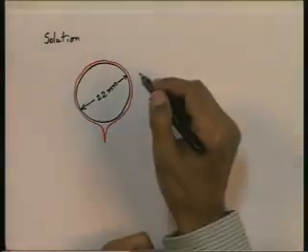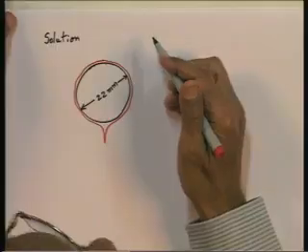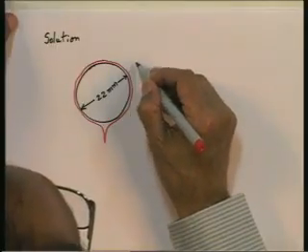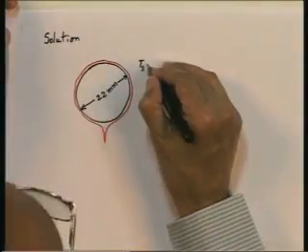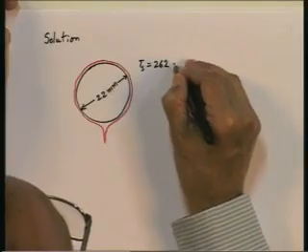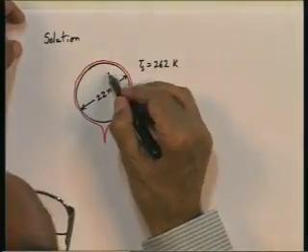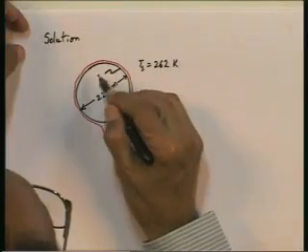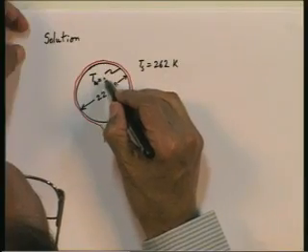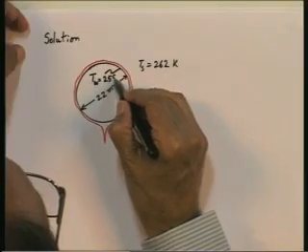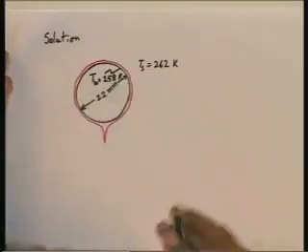Now, it is a pure saturated vapor, at a saturation temperature T s equal to 262 K. This is R22 vapor, and you are told that T w, the wall temperature, the outer wall of the tube, is maintained at 258 K. Find the average heat transfer coefficient.